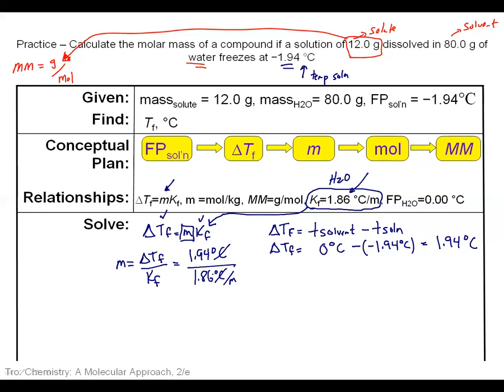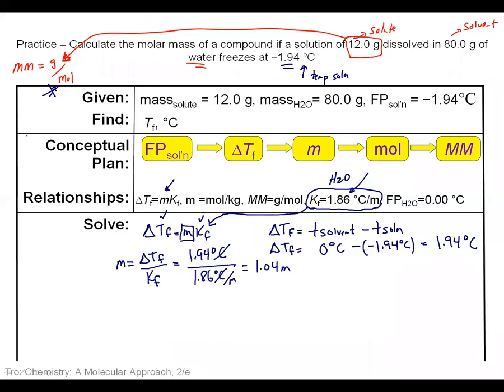That is going to give us 1.04 for the molality. Now you may say to yourself, M is moles, and it's not. Yes, again, that is molality. That is not the moles of this compound.